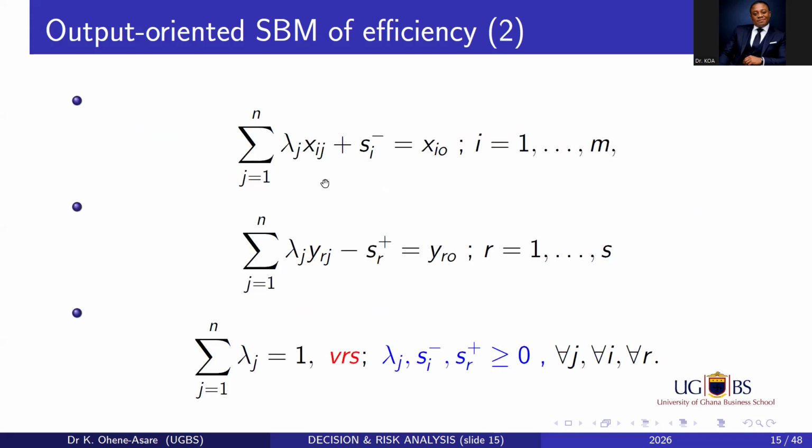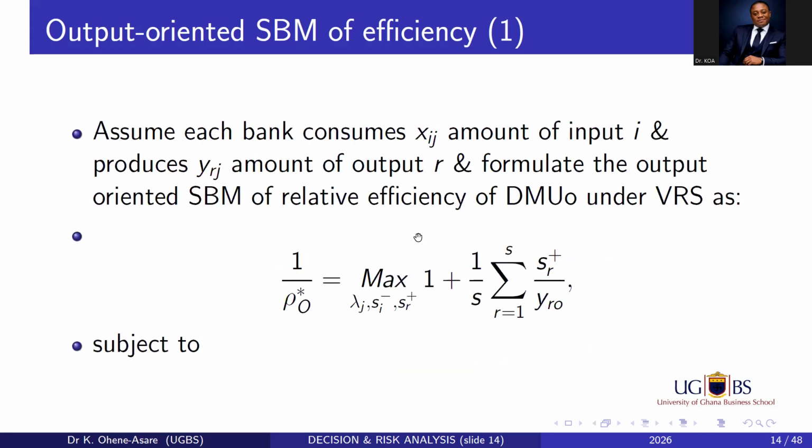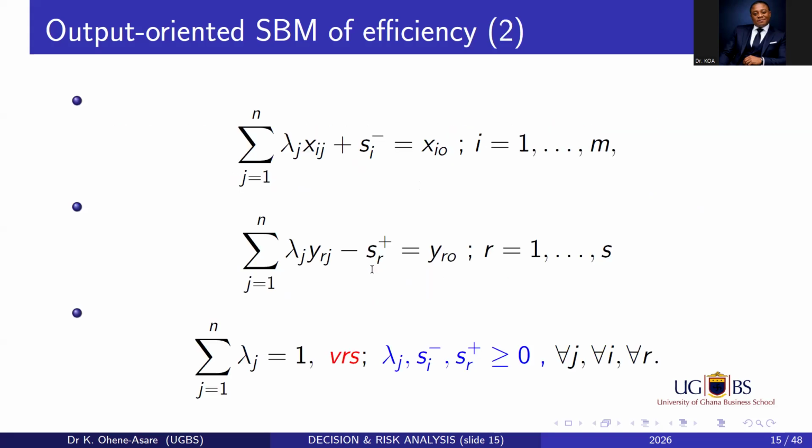They are the same. The only thing that changes is the objective function. One is maximized, one is minimized. One, you are adding the slacks, which is output orientation. The other, you are subtracting the slacks from 1. So that is it. Look at the way you formulate it carefully.